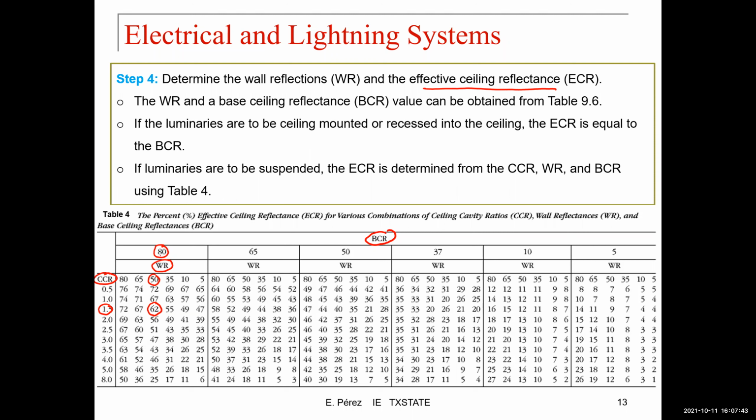The example I was given is for a BCR of 80, wall reflectance of 50, and a CCR of 1.5, the ECR value will be 62. That's where all of these three values intersect. You will see this in an example.